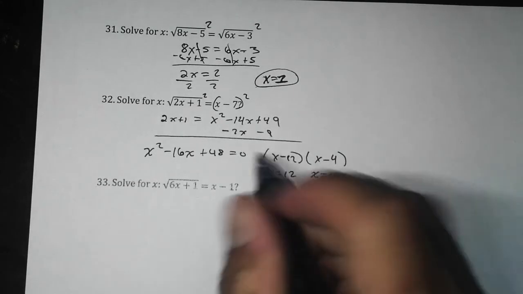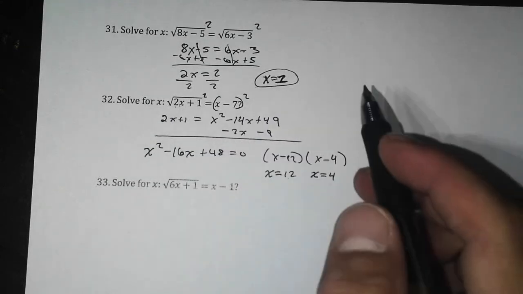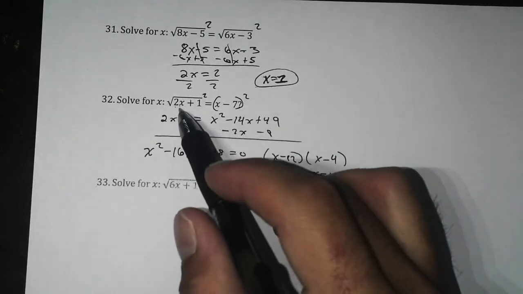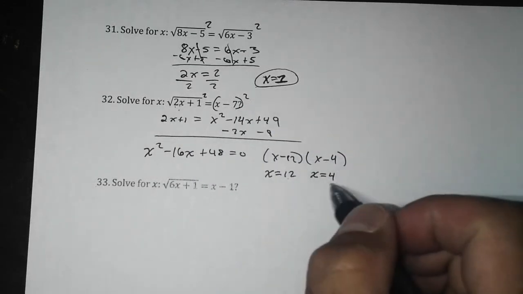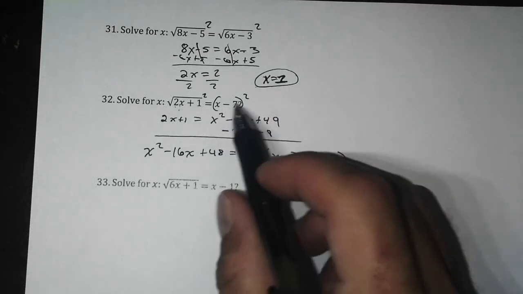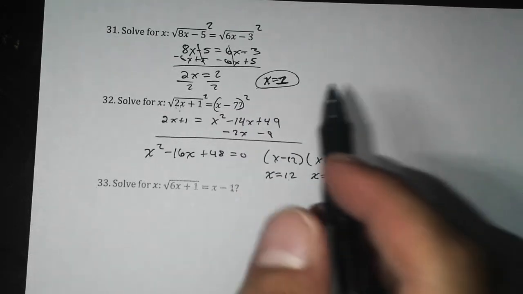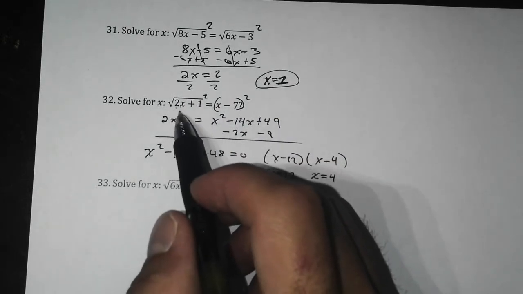So if I plug a 12 in, let's just look. 2 times 12 is 24, plus 1 is 25. The square root of 25 is 5, the same as 12 minus 7, which is 5. Okay. And I plug a 4 in. So look over here. If I plug a 4 in here, we get 4 minus 7, which is negative, and we get negative 3. The square root of something can never be a negative number.